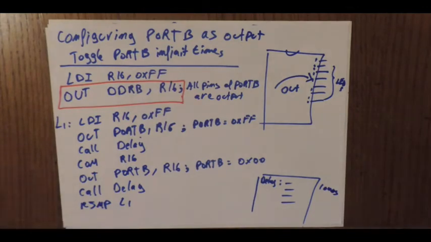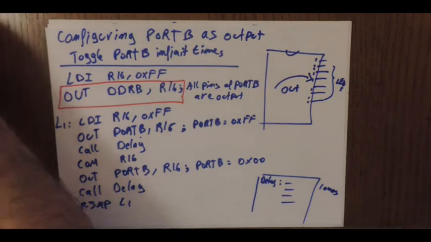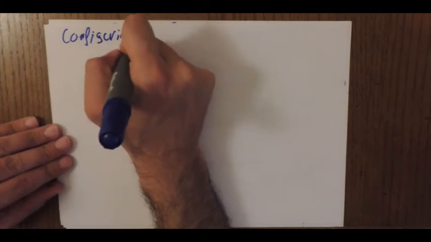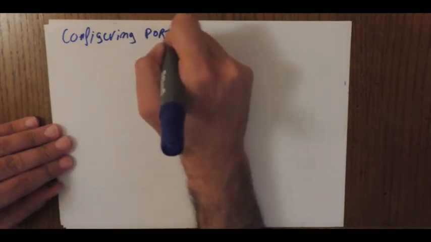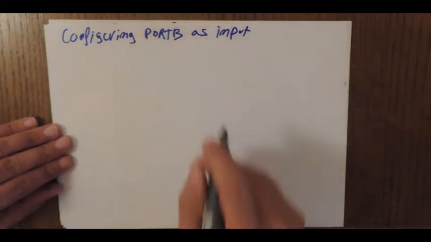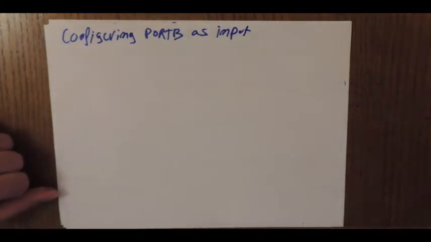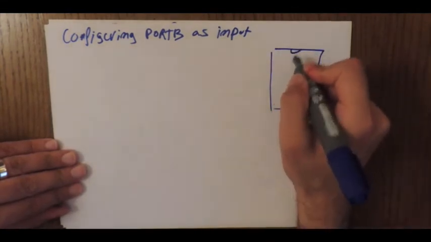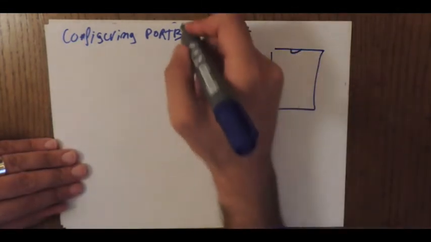Now, for the case of an input, let's take an example. So here, configuring port B as input. So in this case, we just assume that we have, this is the microcontroller, and let's use another port.